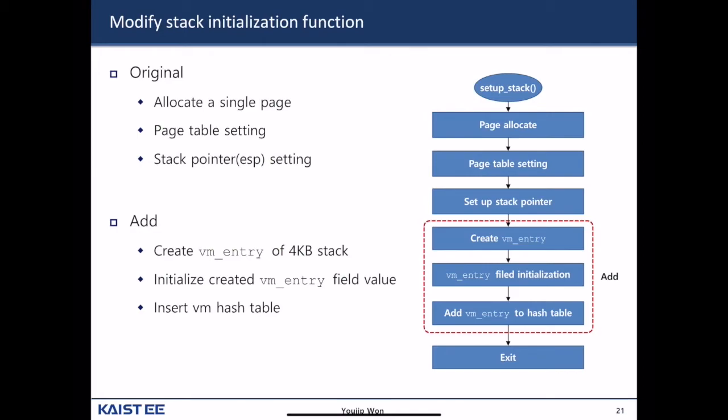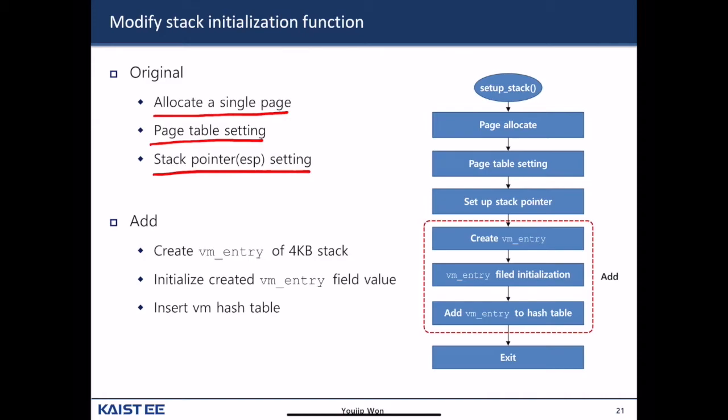Okay, so let's look at the process of initializing the stack. At the beginning in the original Pintos, you allocate a single page, set up the page table, and set up the ESP pointer. So basically, in original Pintos, a process can have only one page as a stack, and if it runs off the stack, the process is killed.